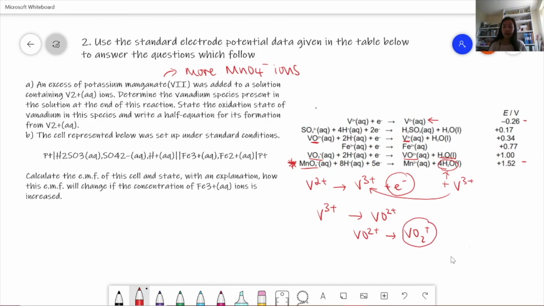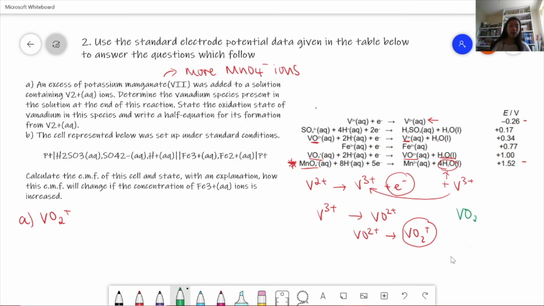So for A, determine the vanadium species present at the end, that would be the VO2+. And now we need to state the oxidation state of it. So if you don't remember how to find the oxidation state, then quickly go back to the redox videos and then come back.